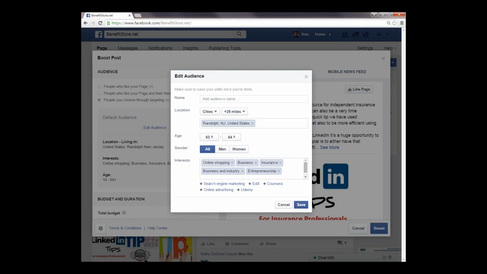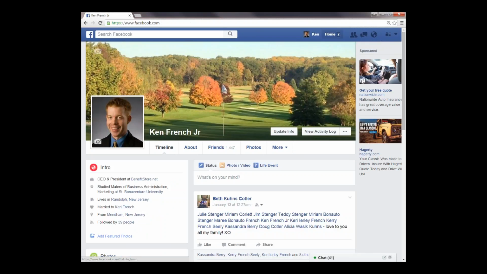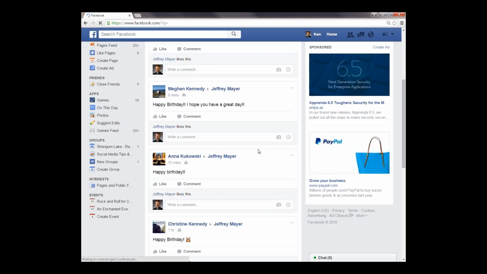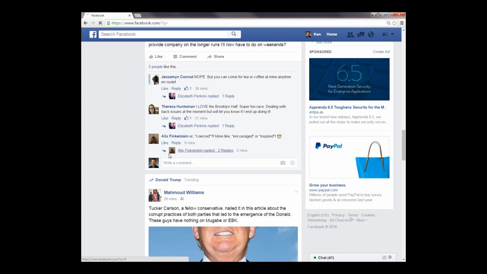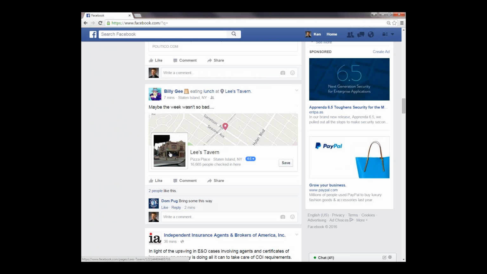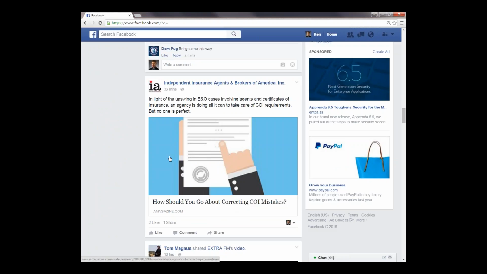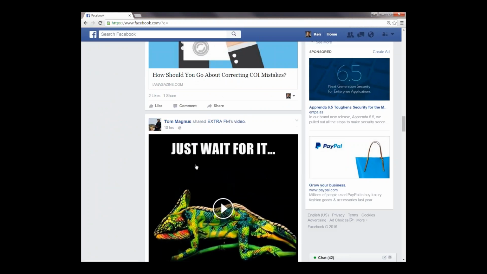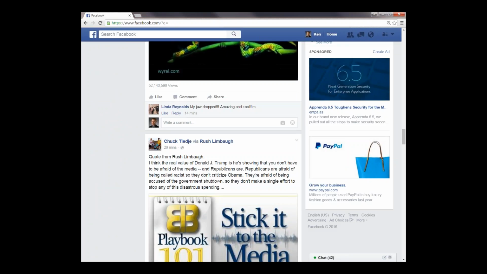Because remember, when you are doing this, it's going to go to people's feeds. So I'm on my feed, and your ad is just going to show up in here, on your target's feed. You probably have to have a real eye-catching picture so that people see it, like this nice little iguana.